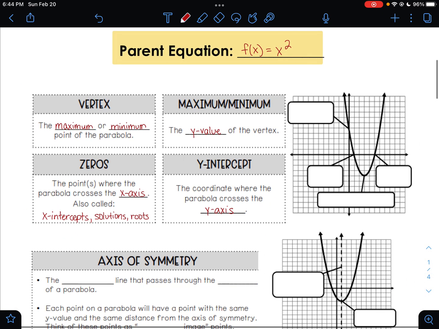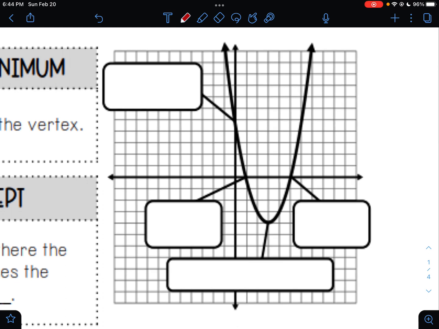So off to the side, we have this picture right here. We're going to label these key features. Starting off here at the top, this point right here that is crossing our y-axis is our y-intercept.